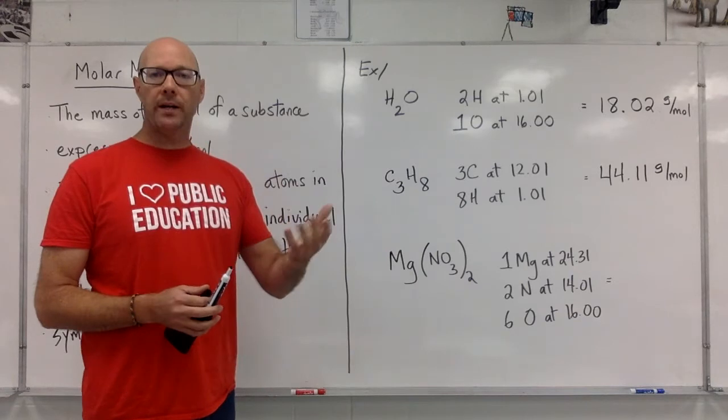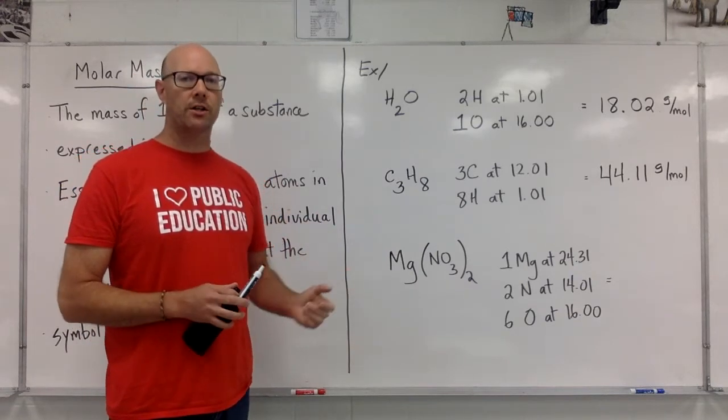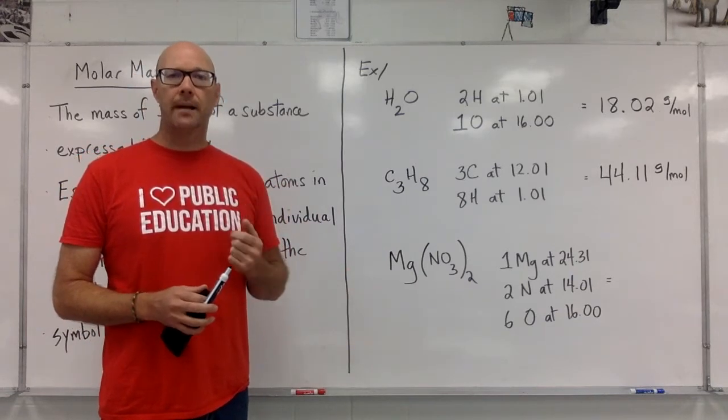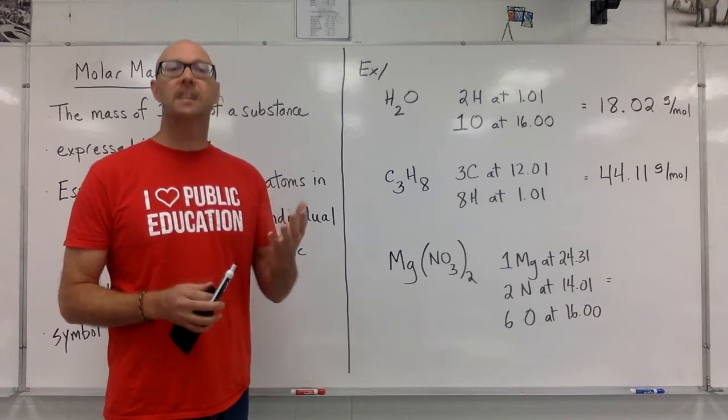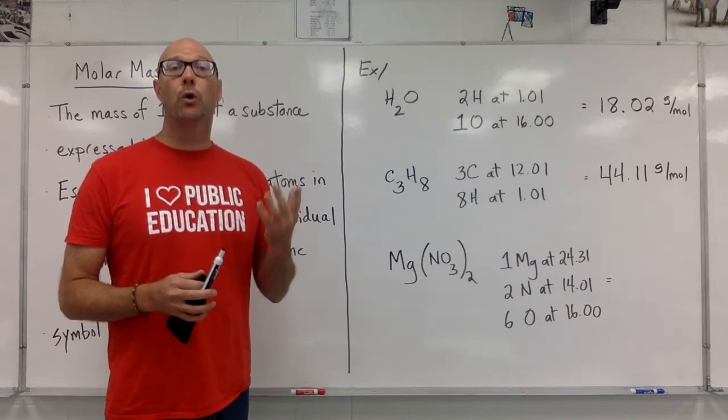There's NO3 twice, and that means it represents 6 oxygens, 6 O's, and the data booklet tells me that they have a mass of 16.00 each.